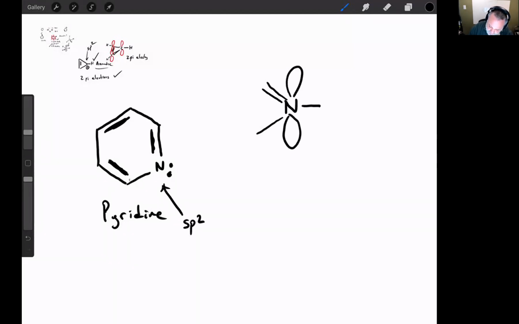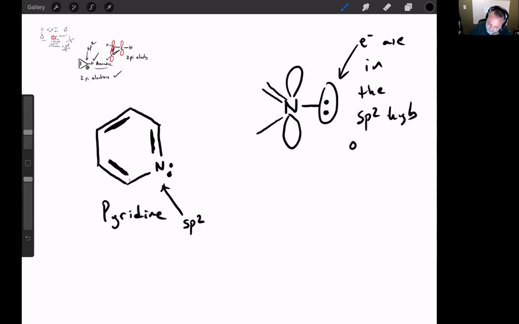It's got a p orbital this way, and the electrons in the lone pair are in the sp2 hybridized orbital. So what does that mean? It's orthogonal, or perpendicular, to the p orbital.